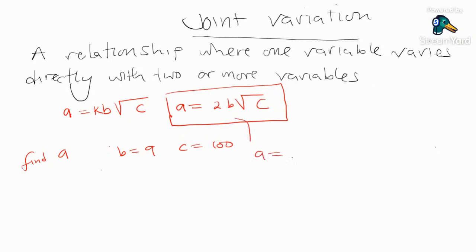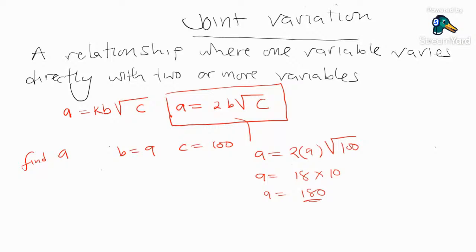So A is equal to 2, B we are saying is 9, then C is 100. So square root of 100. So this one is going to be A equals 2 multiplied by 9 is 18, then multiplied by square root of 100 is 10. So A is therefore equal to what? This is going to give us 180. That is A, if I'm not mistaken.